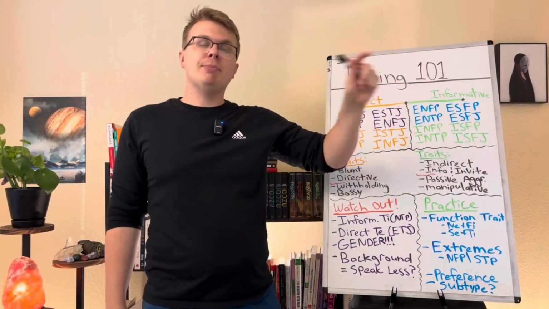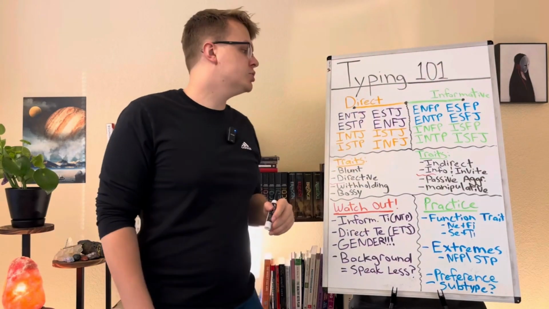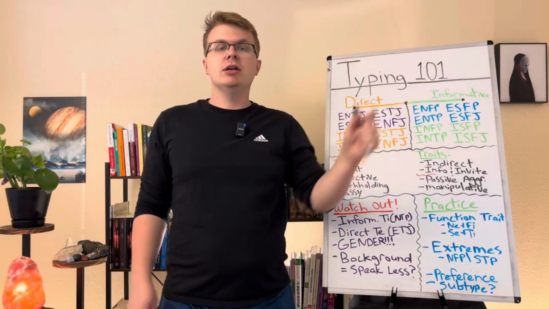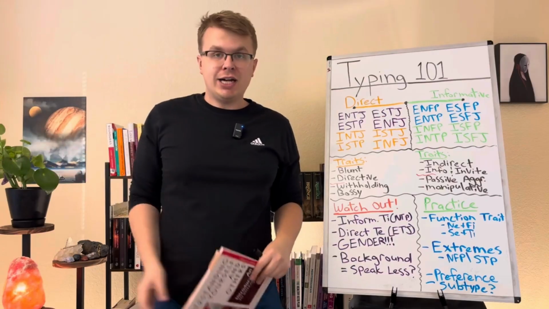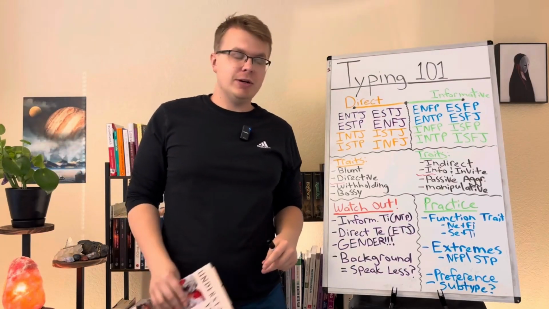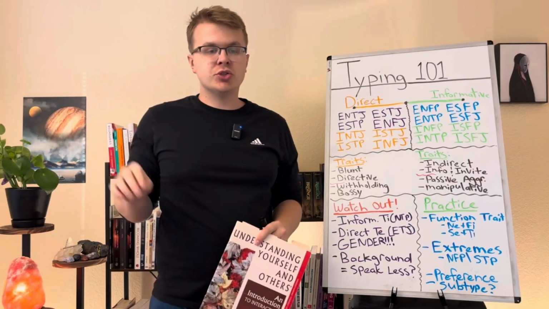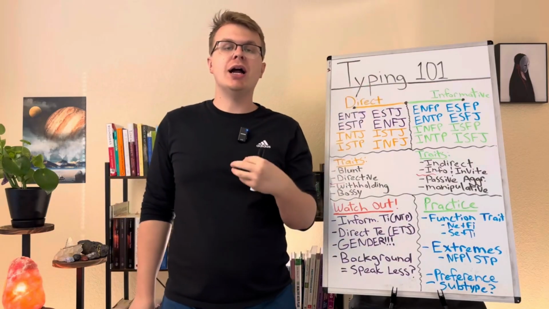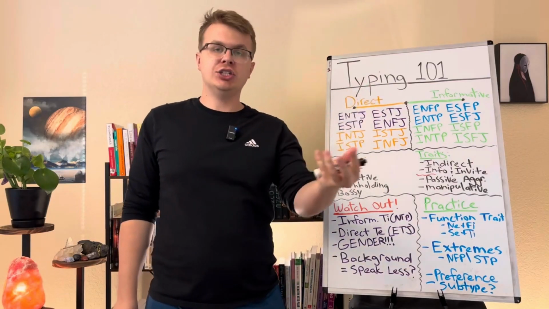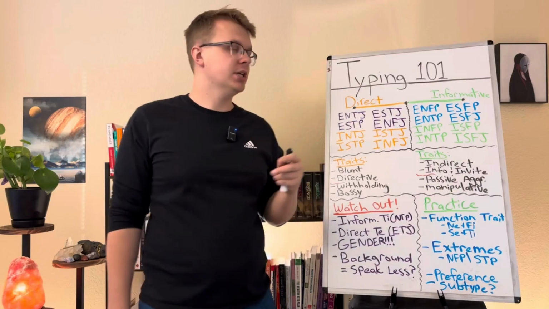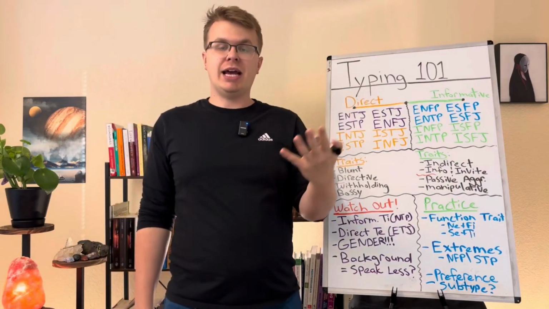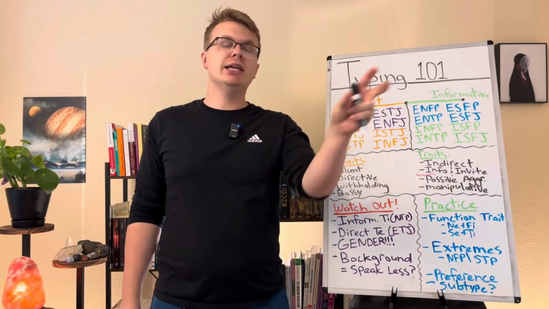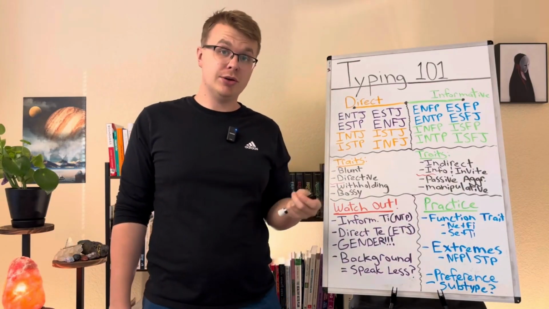A direct type, the most extreme version of the direct, will say, go get milk. And the most extreme version of the informative type is, we're out of milk. So at the extremes, the informative types do not direct action, they give information. Whereas at the extreme, the direct types demand action, they create action, they obligate action either from self or others.